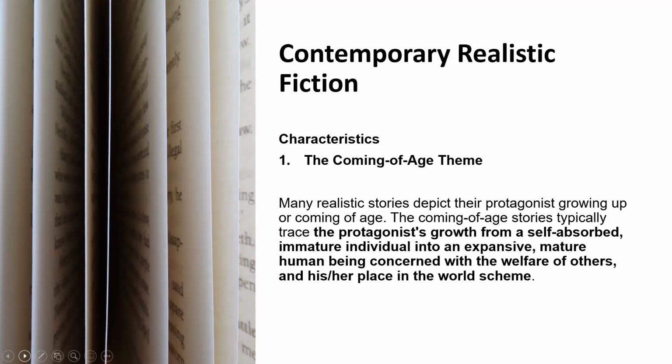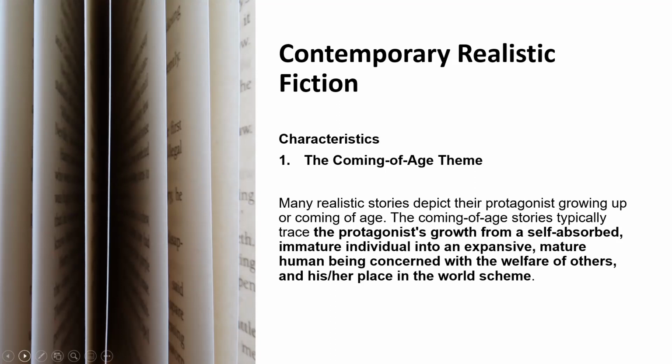Okay. So there are different characteristics of contemporary realistic fiction. The first one is the coming of age theme. Many realistic stories depict their protagonists growing up or coming of age. These stories typically trace the protagonist's growth from a self-absorbed, immature individual into an expansive, mature human being concerned with the welfare of others and his or her place in the world scheme.